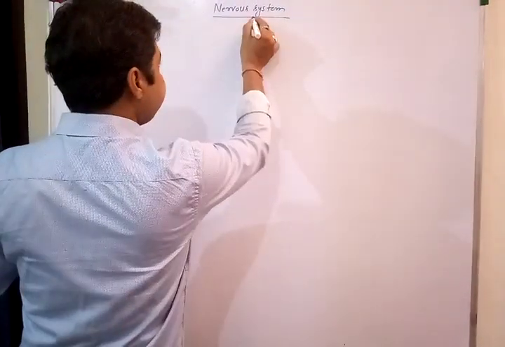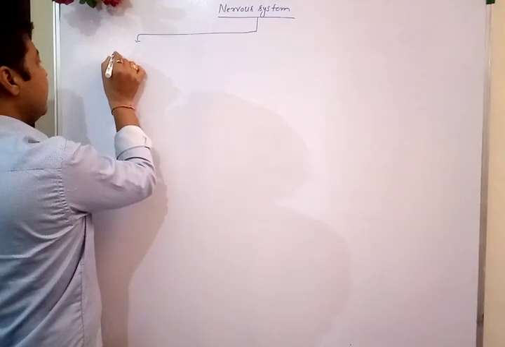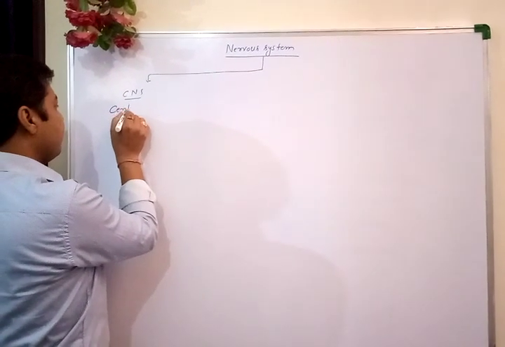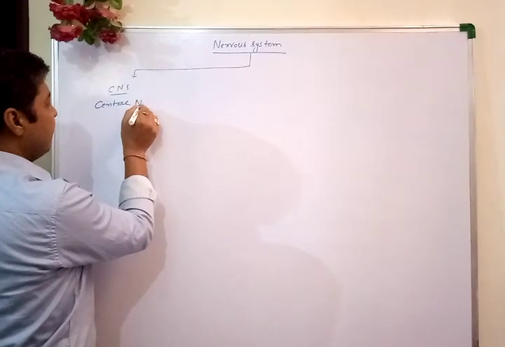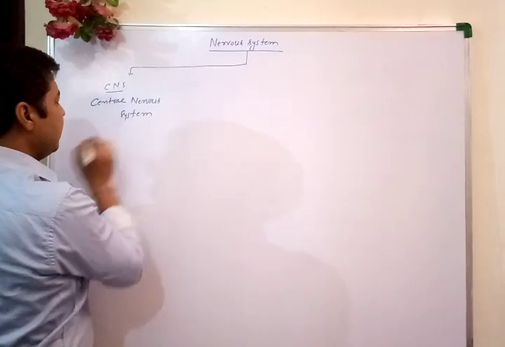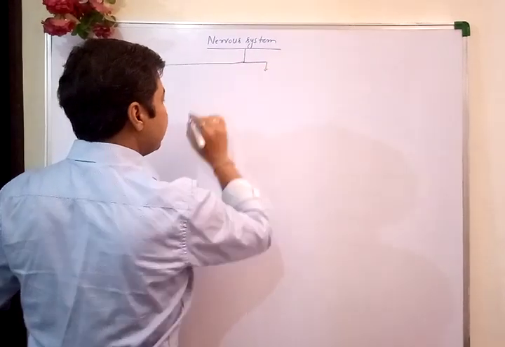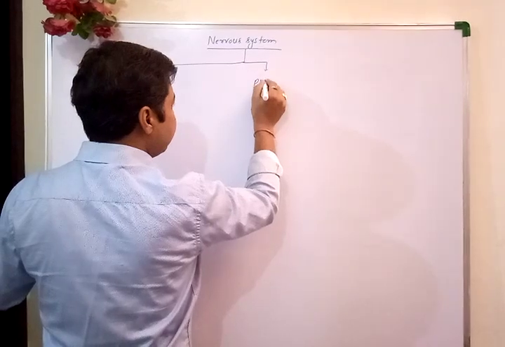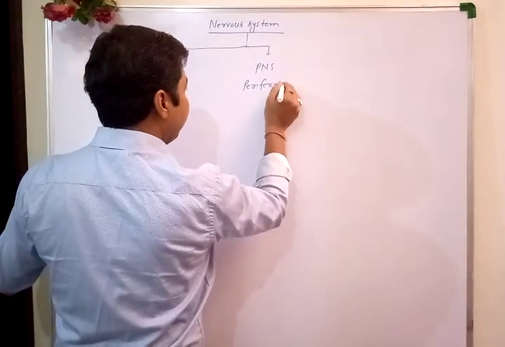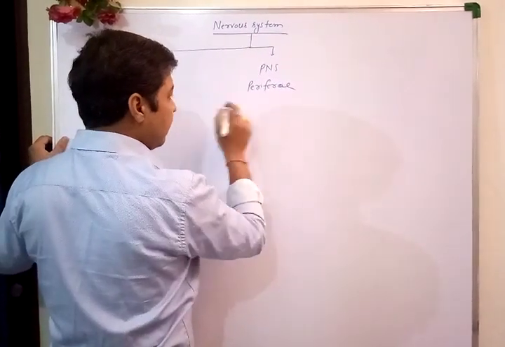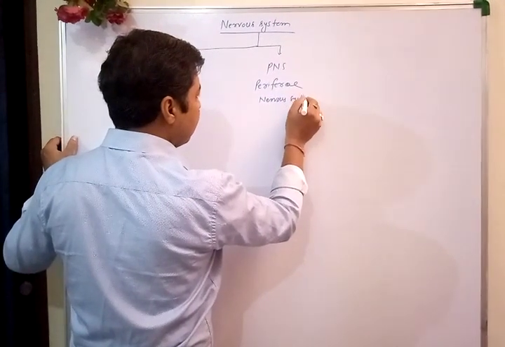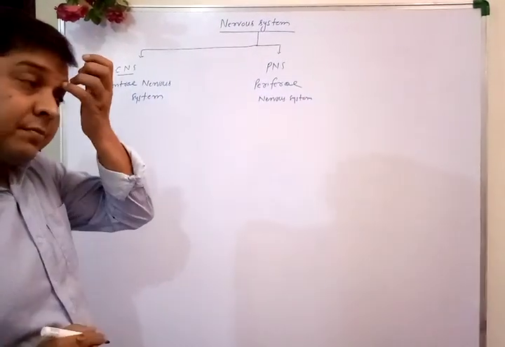The first is CNS. It stands for central nervous system. Second is PNS, called peripheral nervous system.